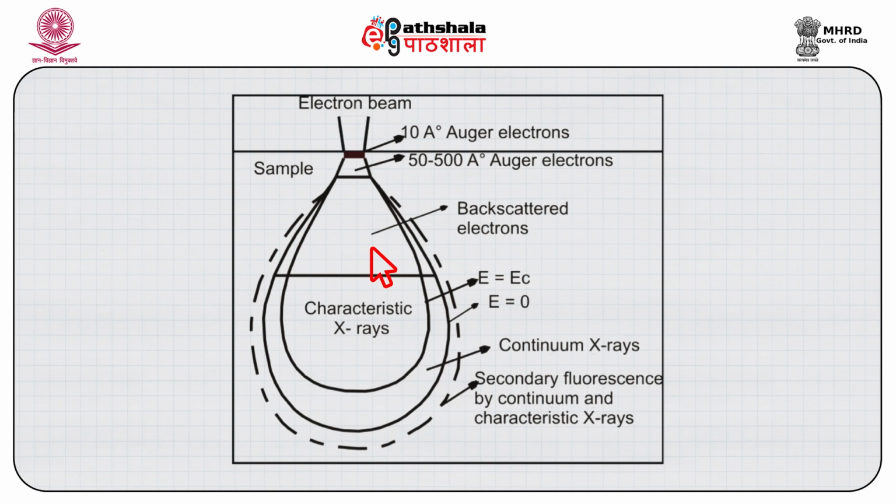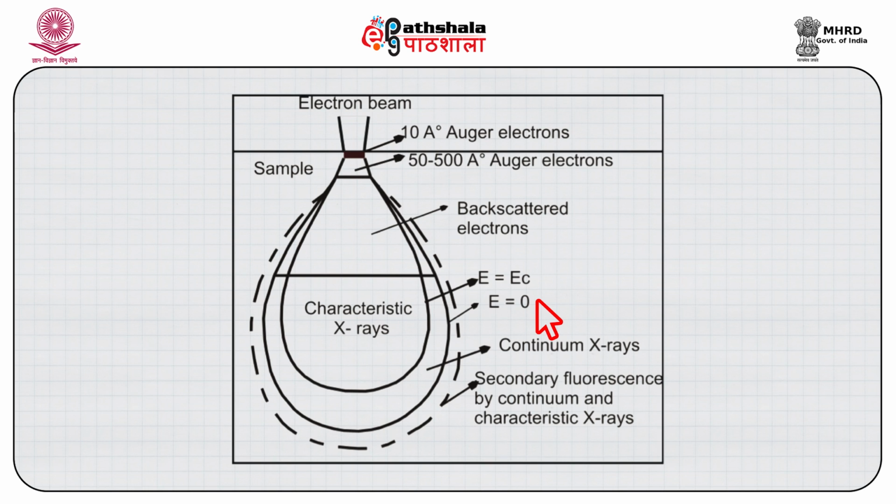The upper half produces the backscattered electrons. The characteristic X-rays are produced when the incident electron energy is over a certain critical limit or critical excitation energy. So, the characteristic X-rays are defined in terms of the critical excitation energy.